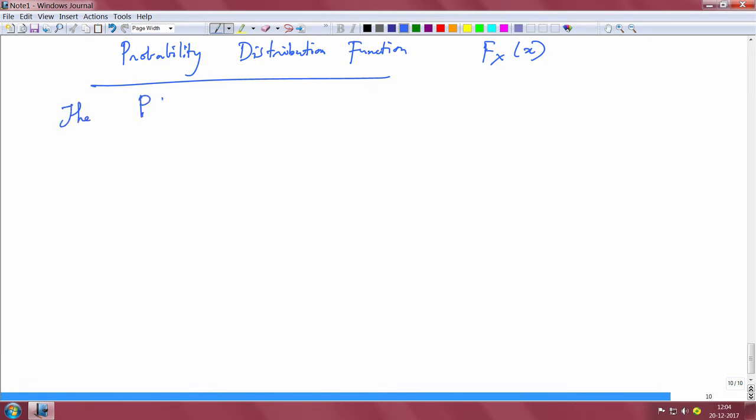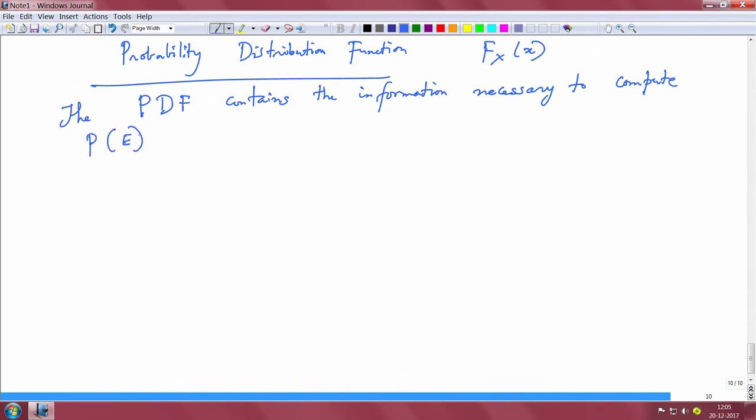The probability distribution function contains the information necessary to compute the probability of an event E for any event E in the Borel field of events.